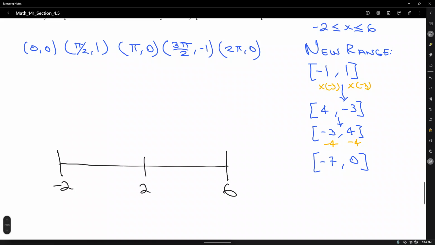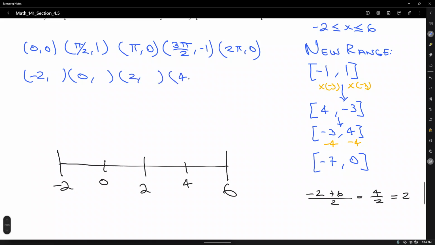If you want to write this down, that's fine: negative 2 plus 6 divided by 2 is 4 over 2, which equals 2. Halfway between negative 2 and 2 is 0. And halfway between 2 and 6 is 4. So the new x coordinates are negative 2 comma blank, 0 comma blank, 2 comma blank, 4 comma blank, and 6 comma blank.